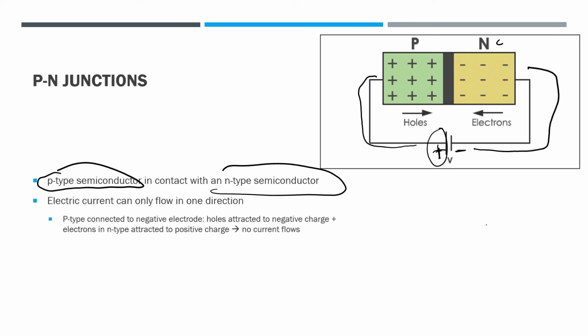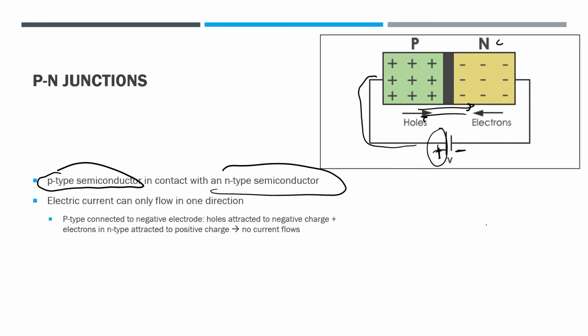The positive electrode repels the holes, pushing them to the right, and the negative electrode repels the electrons, pushing them to the left. Now we have electrons flowing around the circuit counterclockwise, creating a current. Or we can think of it as holes going clockwise, creating a current.